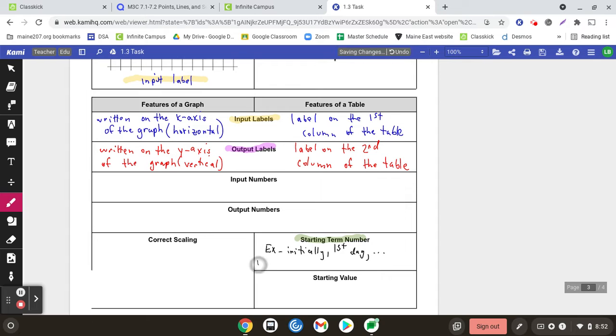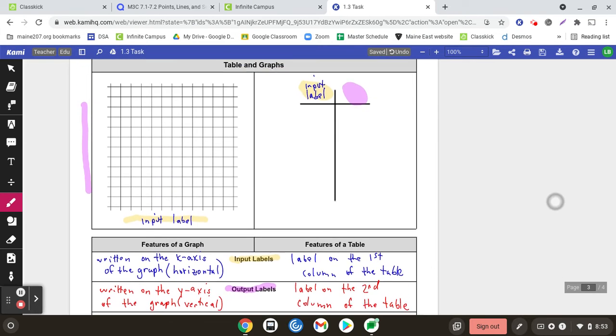So the starting term number is actually the very first x value in the table.